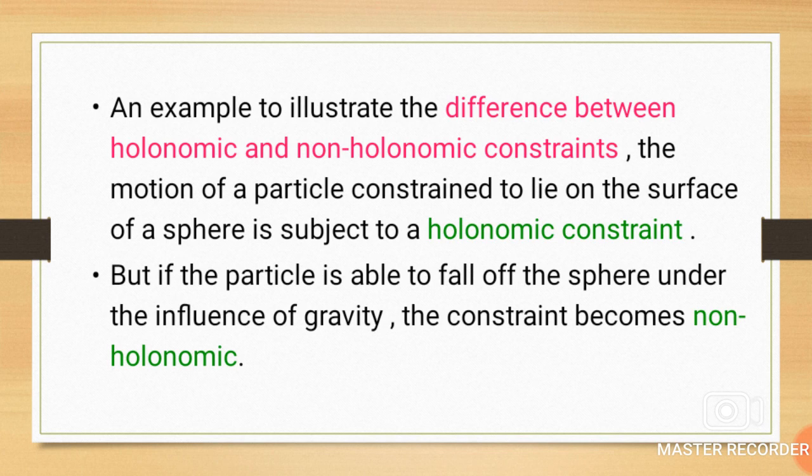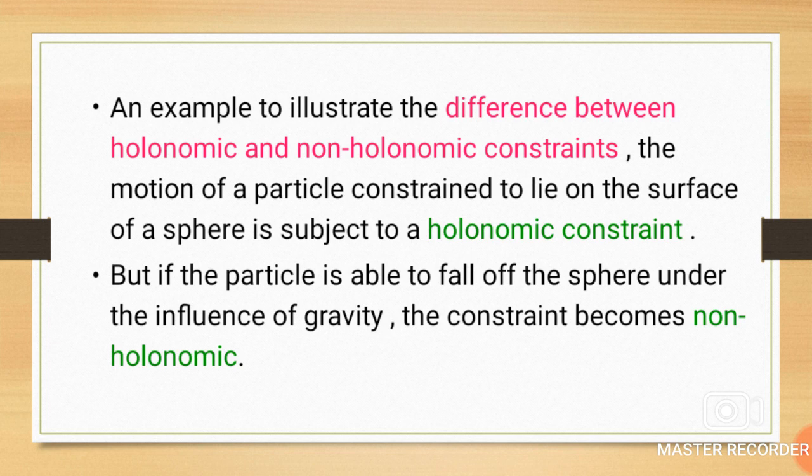The example is the same, that is a particle which is constrained to move on, or to lie on, the surface of the sphere, but this is considered without taking into account gravity.